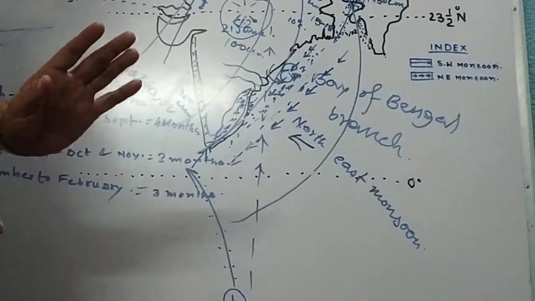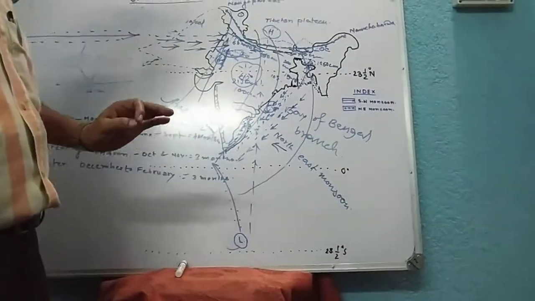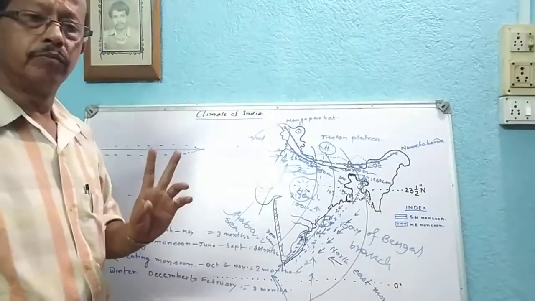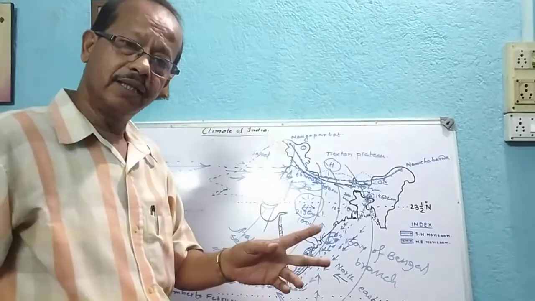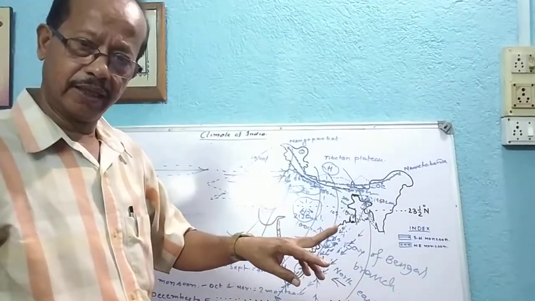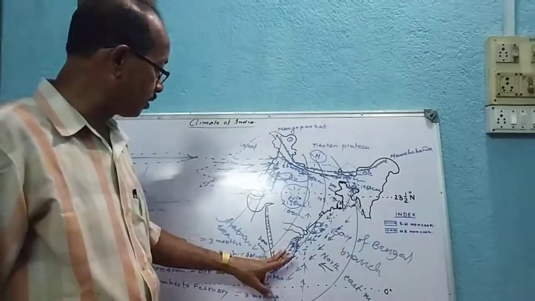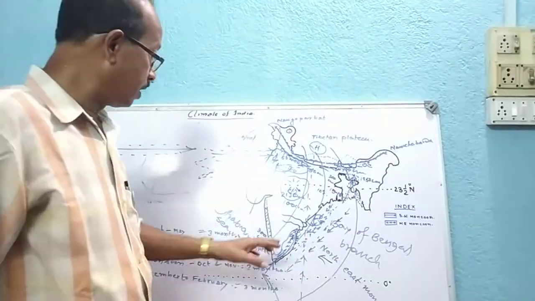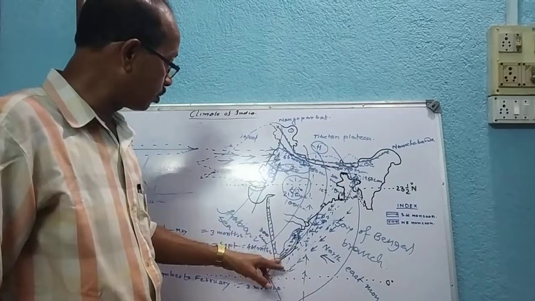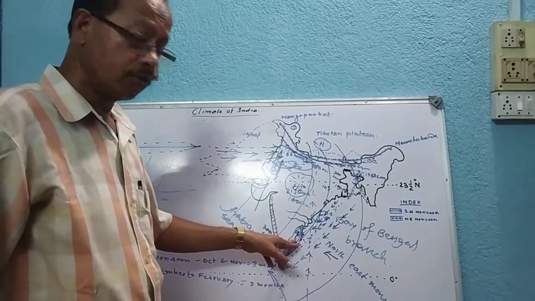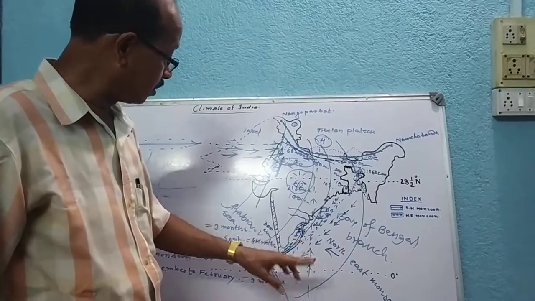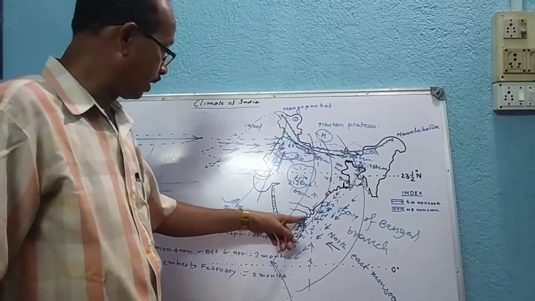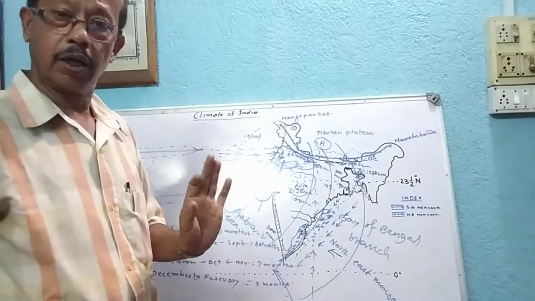Cyclonic rainfall due to interaction of the two types of wind, one dry and another moisture laden. Due to the interaction of these two types of wind, a cyclonic rainfall happens. So this type of rainfall causes the second rainfall along the coast of Coromandel.